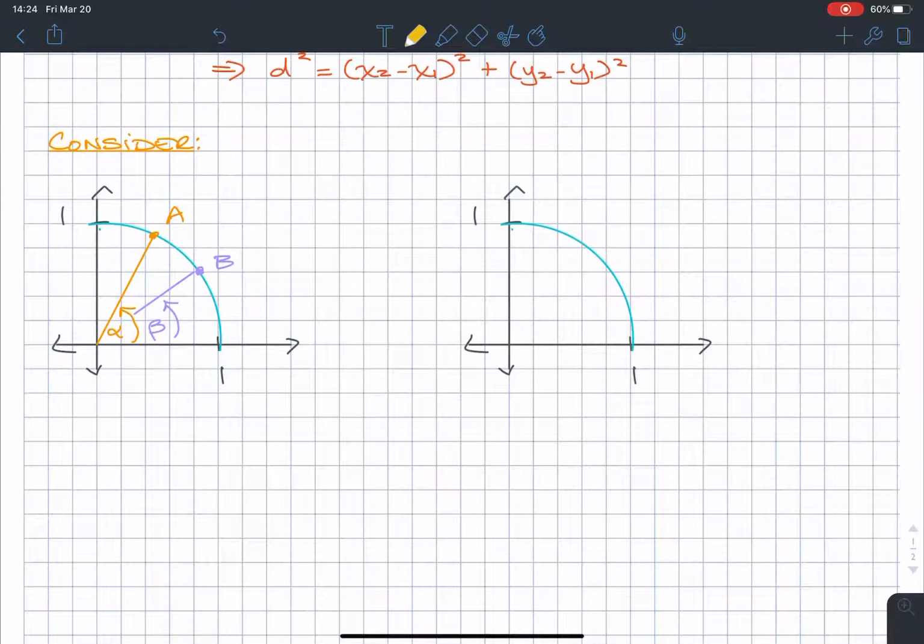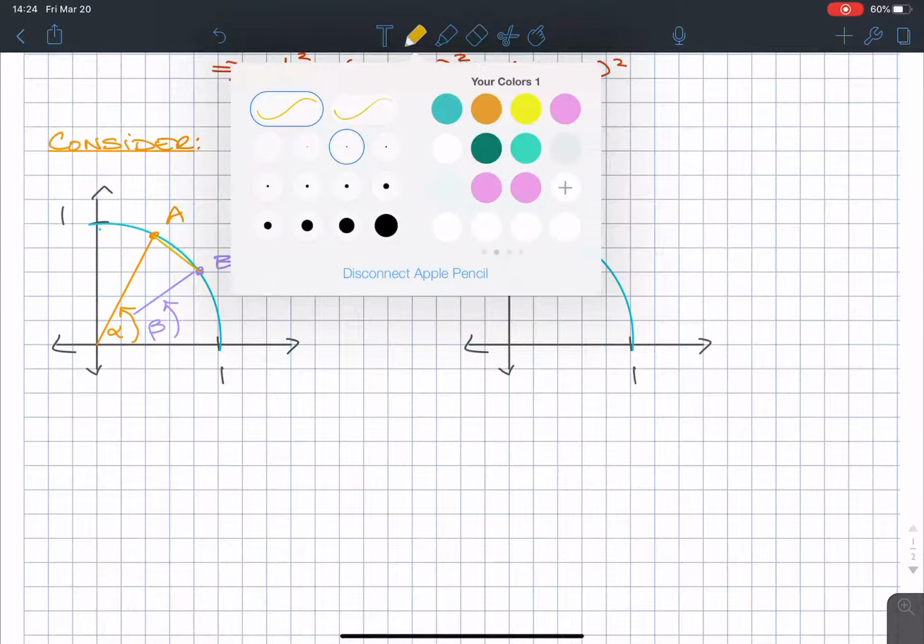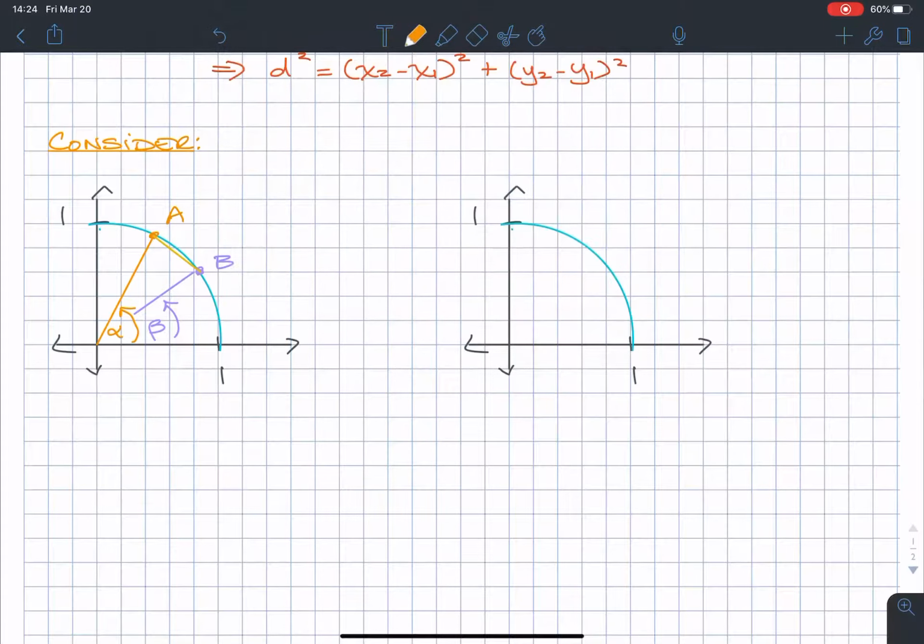And what I want to do is consider the distance between these 2 points. So what is the coordinate of point A if I'm on the unit circle? Do you agree that the coordinate would be cosine of the angle, comma, sine of the angle, because I'm on the unit circle? So similarly, the coordinates for B will be cosine of the angle beta and sine of the angle beta, that is the x and y coordinate respectively.